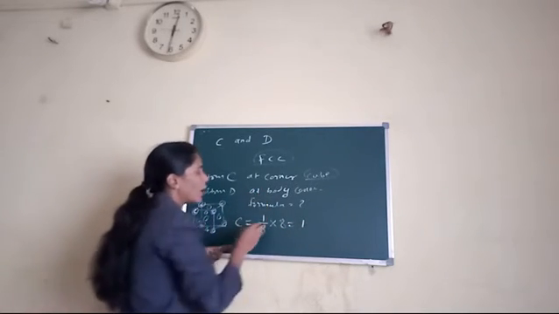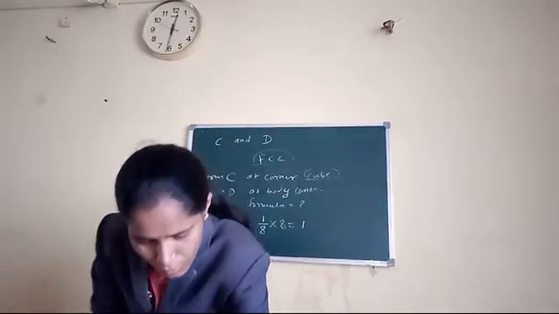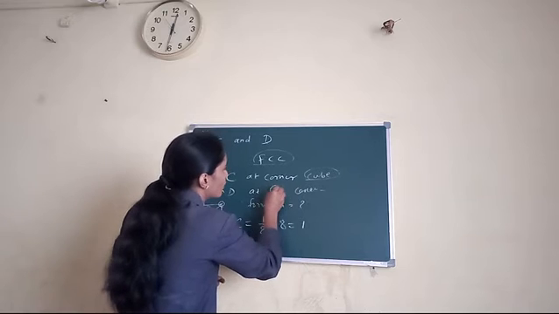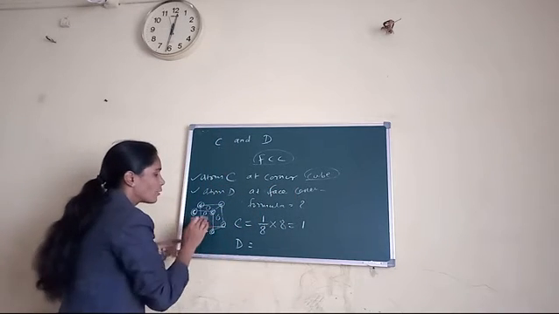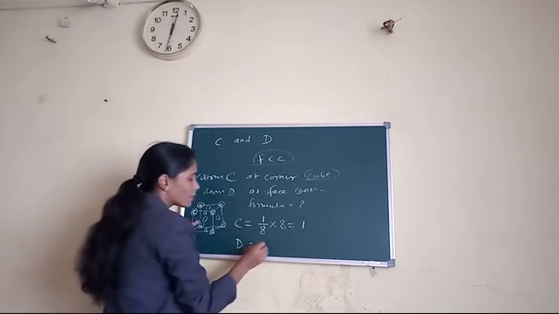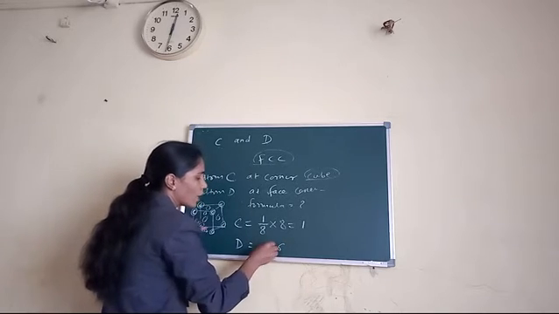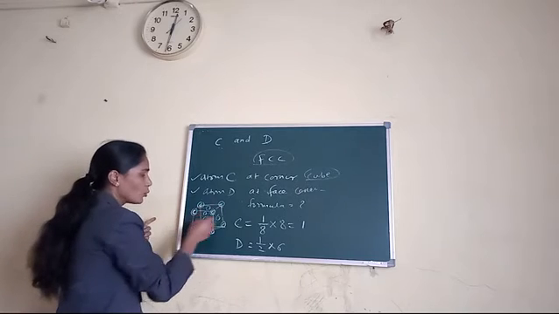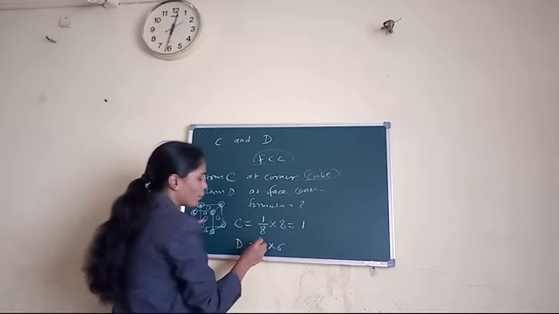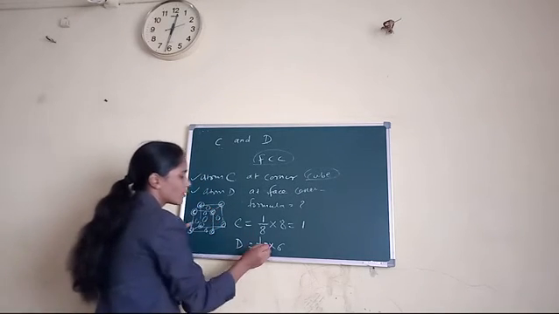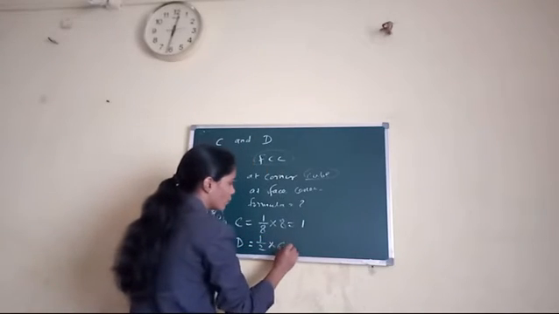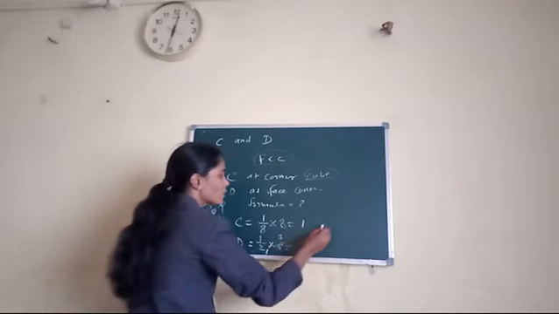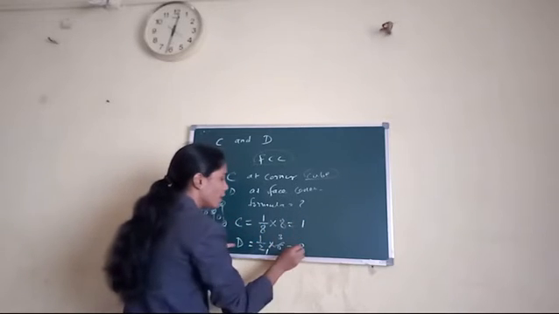D lies on the faces, at the face centers. The cube has 6 faces, and every face occupies half position of the cube, that is 6 faces into 1/2 is equal to 3. So C is 1 and D is 3.